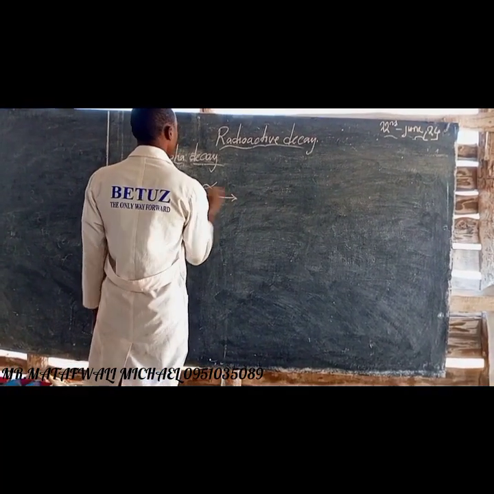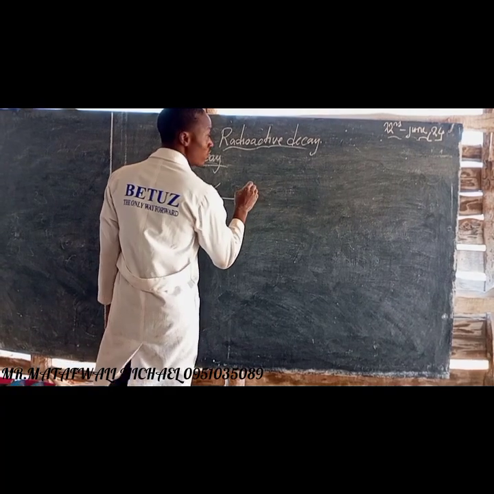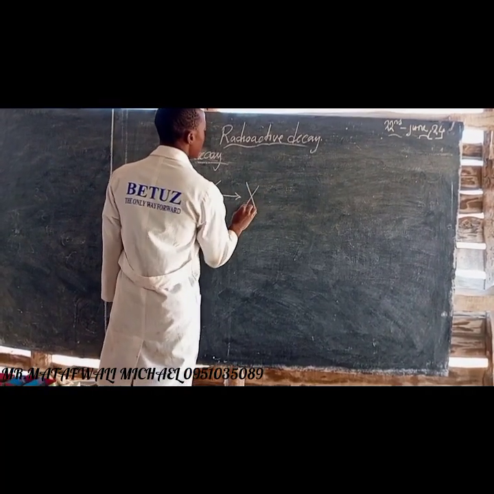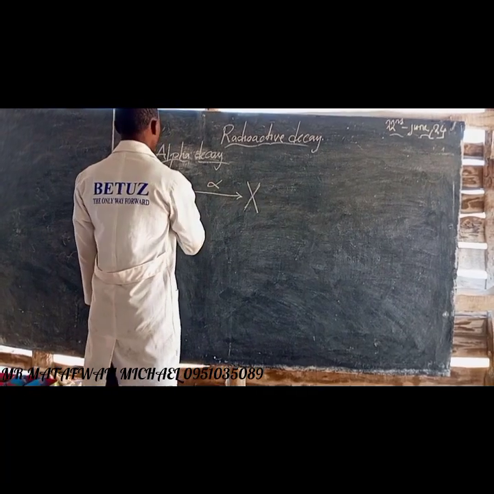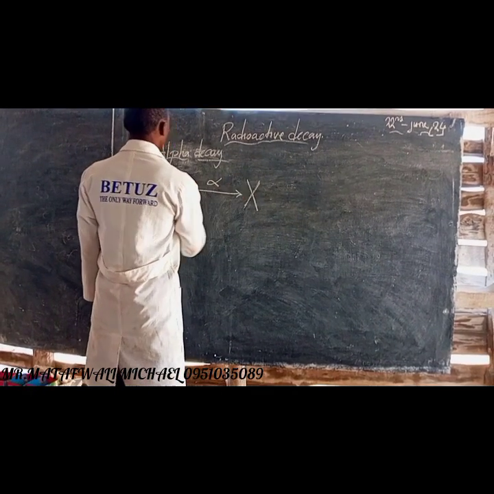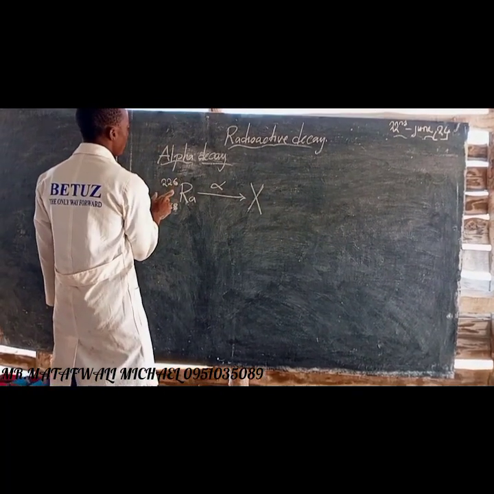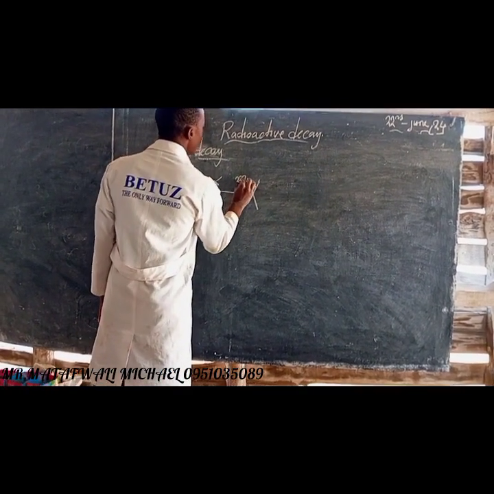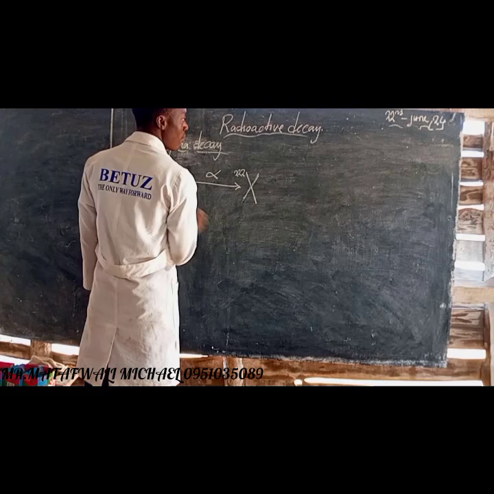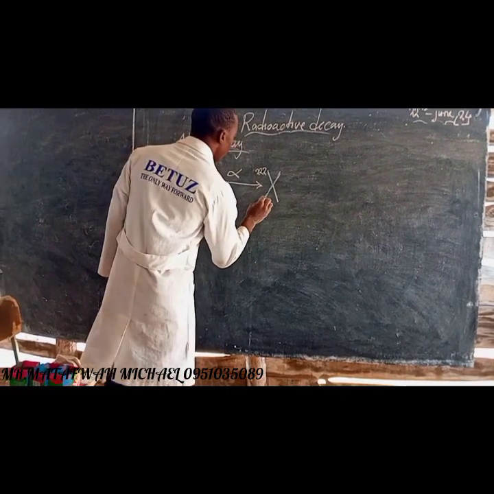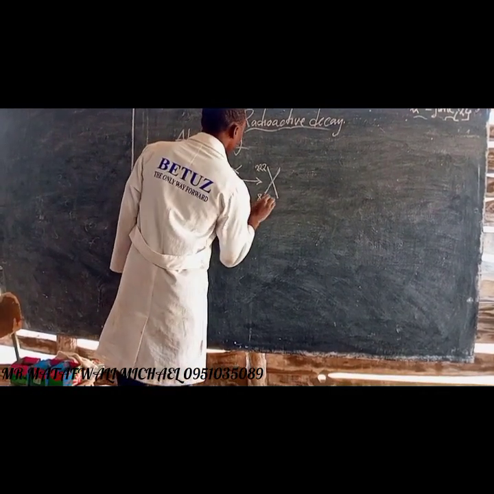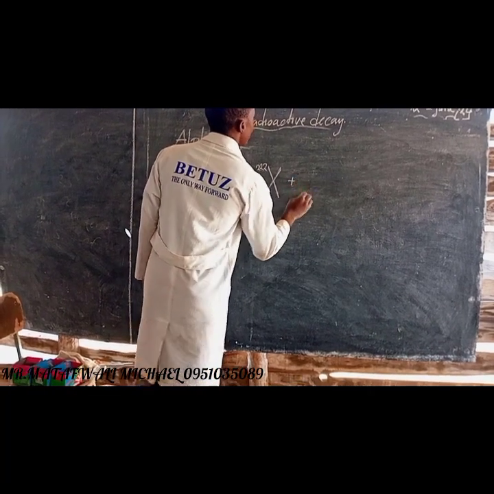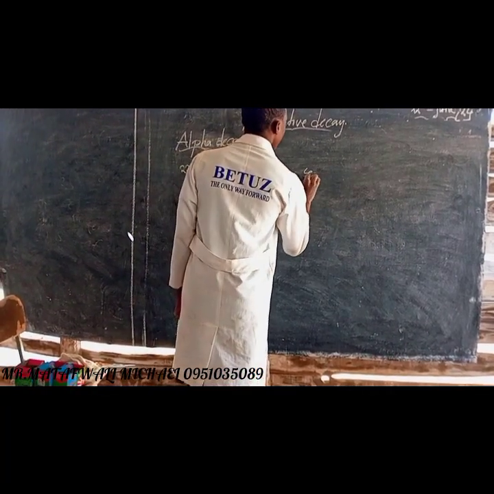Since we don't know the element which is going to be formed, we represent that element by x. Since the mass number is going to reduce by 4, here we are going to have 222, while the proton number is going to reduce by 2, so we have 86, then plus the helium nuclide.